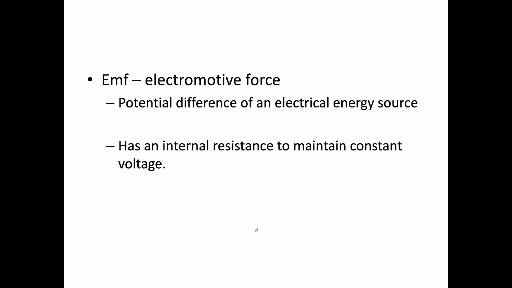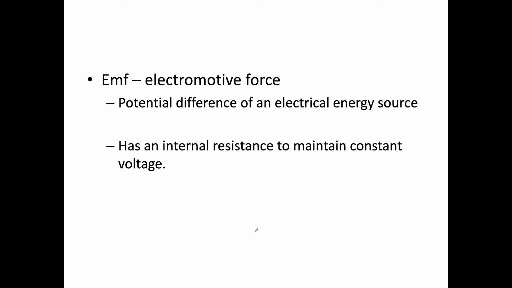EMF, electromotive force. This is the potential difference of an electrical energy source. A lot of times when we talk about EMF, the battery itself has a little resistor inside to help maintain a constant voltage. This is developed inside the battery itself. I actually use voltage, potential difference, and electromotive force interchangeably more often than not. Most people say the same thing.